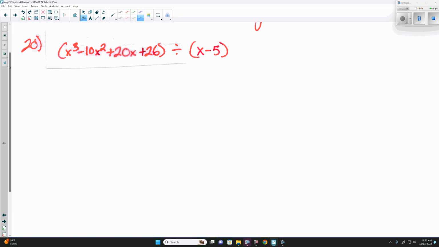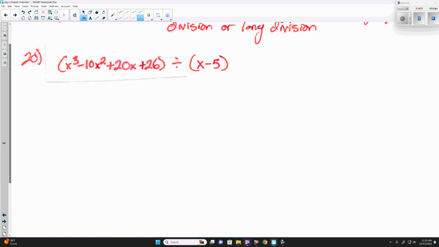All right. The next thing we're going to look at is division. Now, whenever we have a two-term thing that we're dividing by, we can divide this with synthetic division. So we would set it equal to 0 and then get x by itself. At this point here, we would add 5 to both sides.